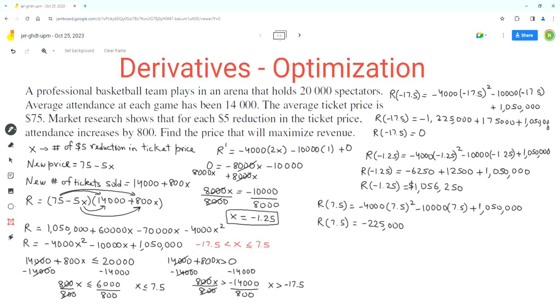And then negative 10,000 times 7.5 is negative 75,000. And then plus 1,050,000. Now we can combine these numbers.